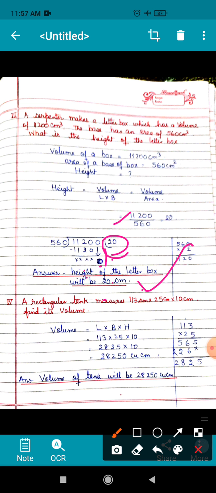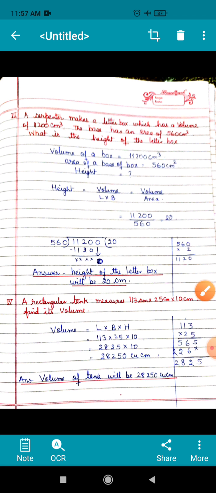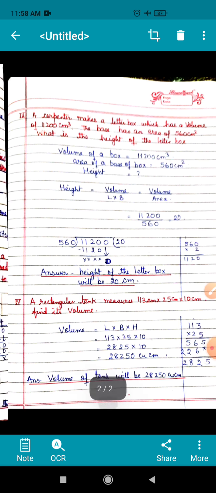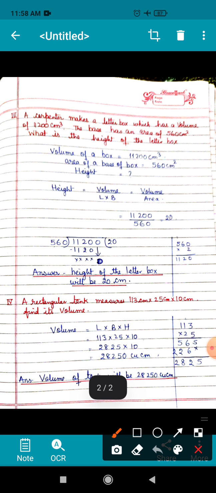Okay. Now next question, a rectangular tank measures 113 centimeter, 25 centimeter and 10 centimeter. Find its volume. Children, this is a rectangular tank.